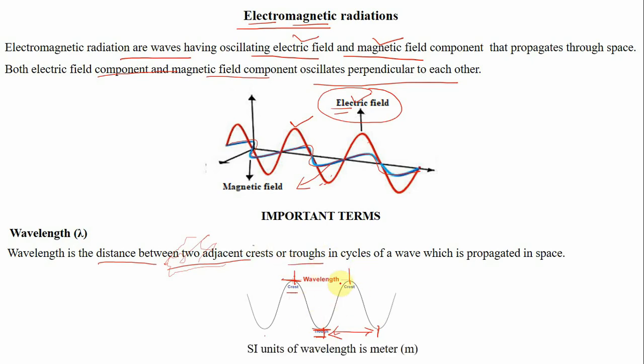The SI unit of wavelength is meter, and usually it is represented in nanometer, which is 10 raised to power minus 9 meter, or it may be represented in angstroms, which is 10 raised to power minus 10 meter. And the symbol for wavelength is lambda. So lambda is the wavelength.